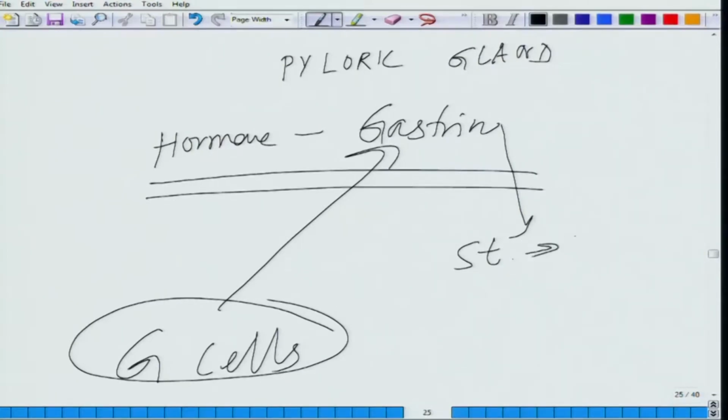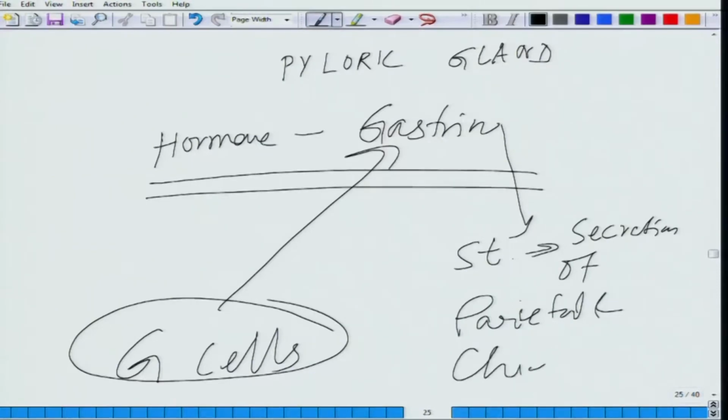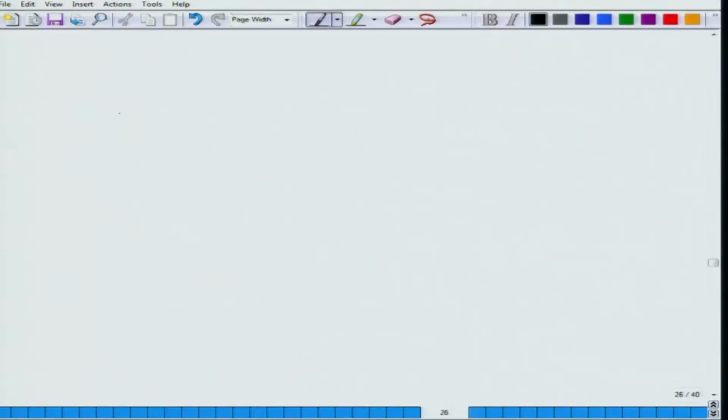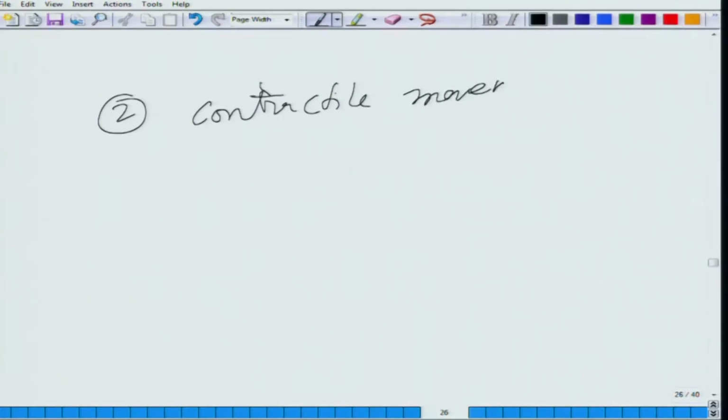Secretion of parietal and chief cells is its major function. Second function is that there is a contractile movement of the gastric wall which is essential.